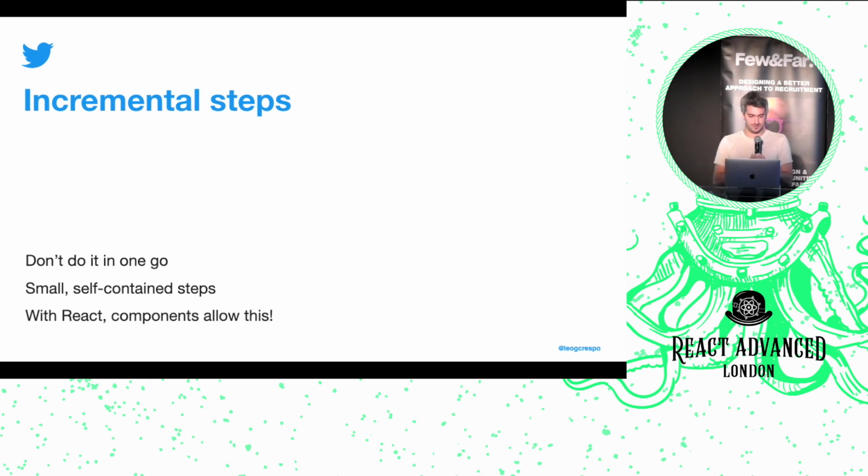And I also think that with React, this is actually easier, because in UI, with components, by nature that is the separation, that is the step. Each component at least can be a step.